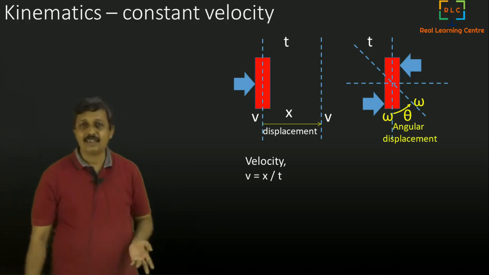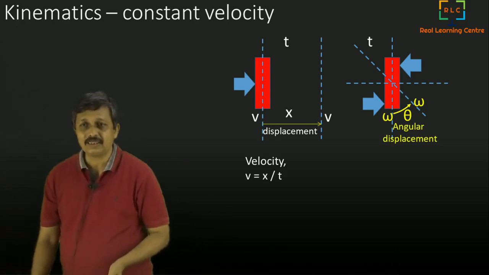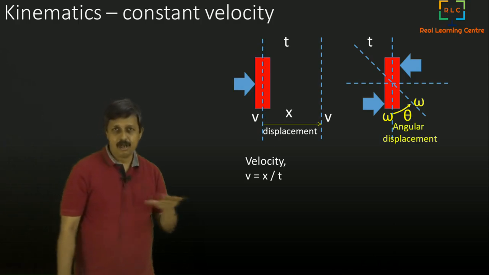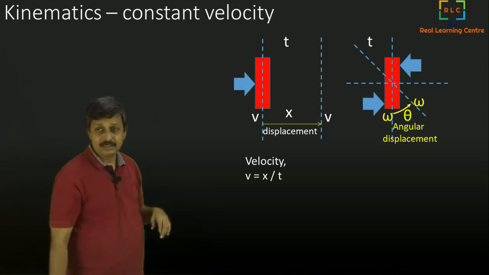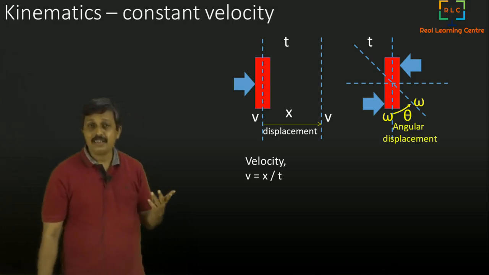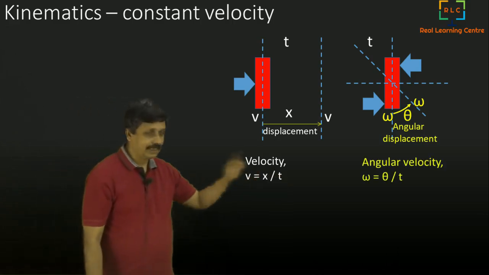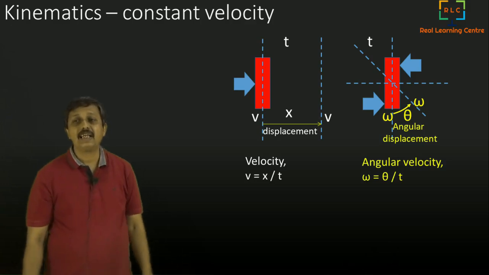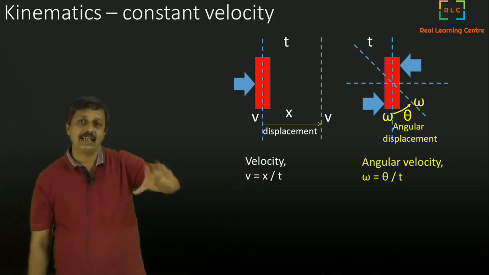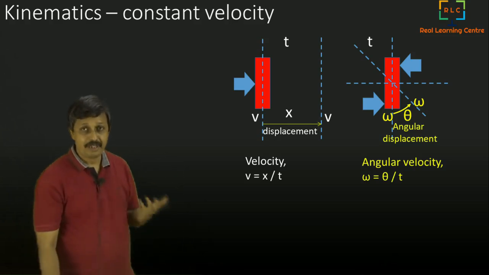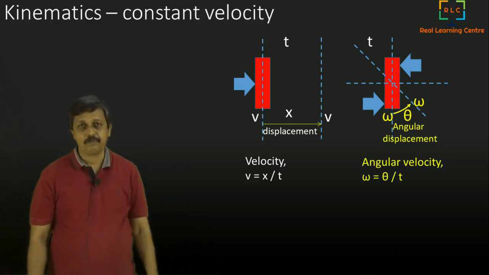This is like saying that velocity is equal to distance traveled divided by time taken. So it's a common formula, which is applicable only for constant velocity scenario. Similarly, in a constant angular velocity scenario, you can very clearly see angular velocity omega is equal to theta divided by t. Theta is the angle covered divided by time taken, is angular velocity.